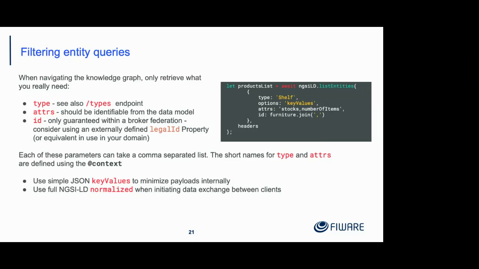I want to get hold of the stocks and number of items attributes of all the shelves within this set of IDs. That's all I want. I just want a list of IDs. I don't want too much information.